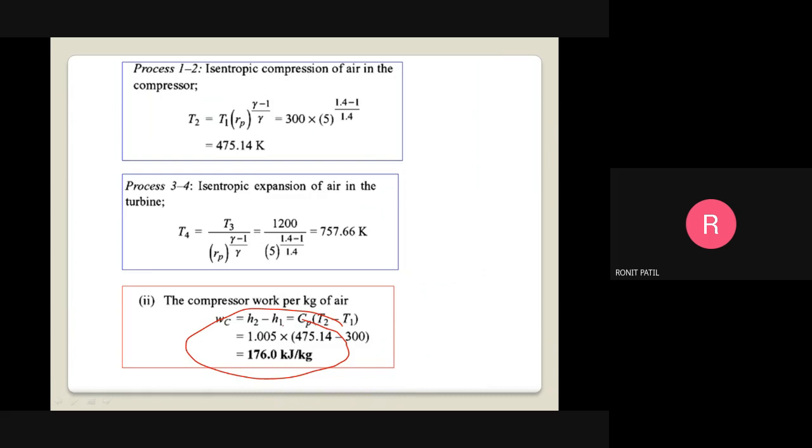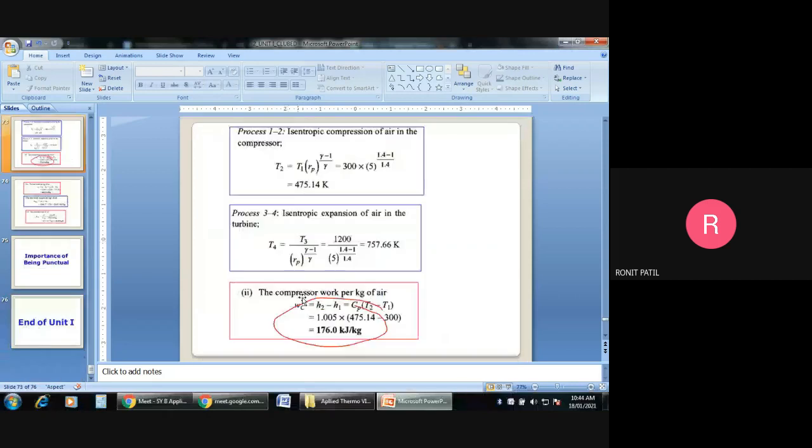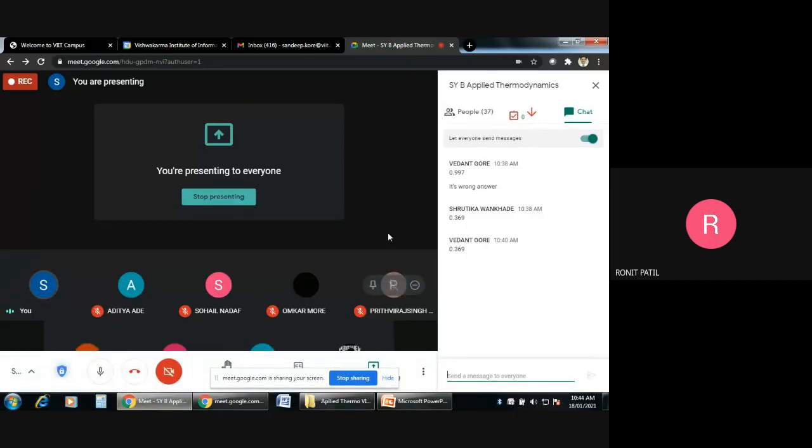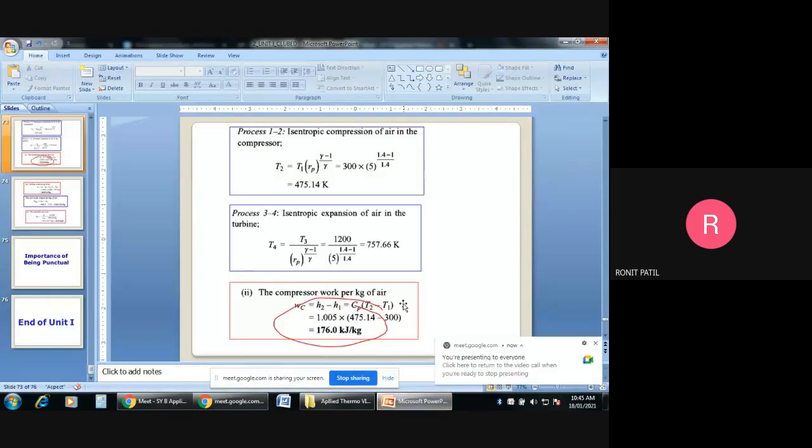Why is it per kg? Because we are supplying 1 kg of air. Yes, have you got the value? Yes, sir. Okay. Now next one.